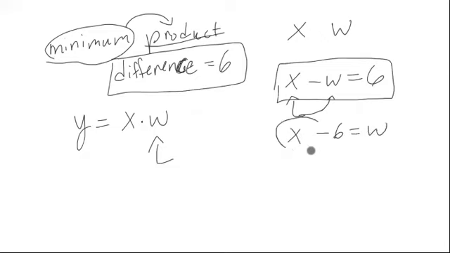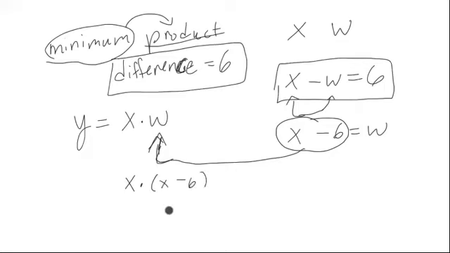Now we can take this and put it right in here for w. All right, so x minus 6, we'll put it right in. We end up getting x times x minus 6. Now we multiply this out, so we get x squared minus 6x.